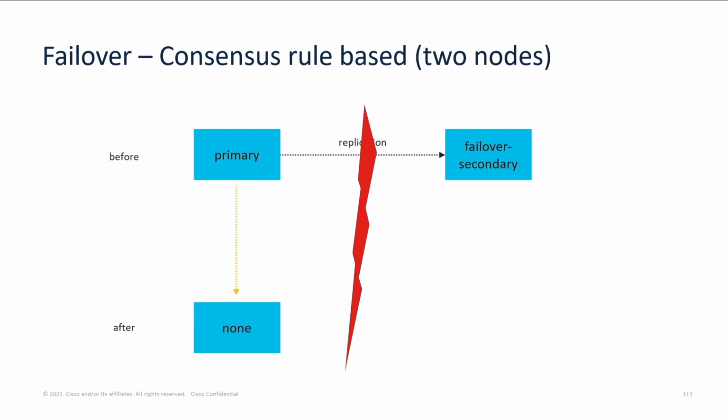When the primary node loses its secondary, it will step down into state none, saying I'm not available for service anymore. And then the secondary node will also, as in the previous example, detect that I lost my primary, and during the transition period it will be in state none, but then it will step up and be primary. So in this situation we don't have any split brain situation.